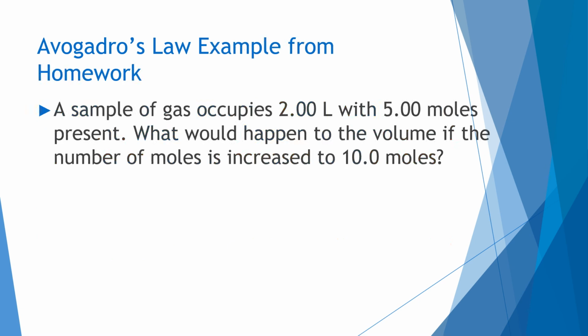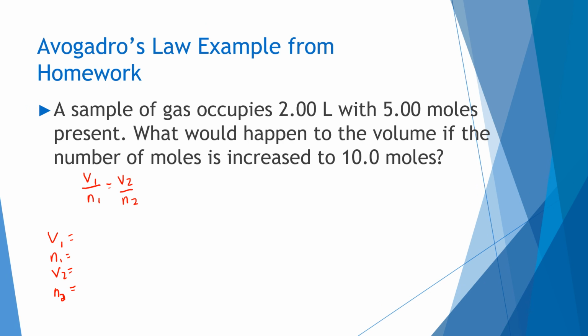So we're going to do an example here. Again, our equation is V1 divided by N1 equals V2 divided by N2. Just like any problem, we're going to list our variables. Our problem says a sample of gas occupies 2 liters with 5 moles present. What would happen to the volume if the number of moles is increased to 10?